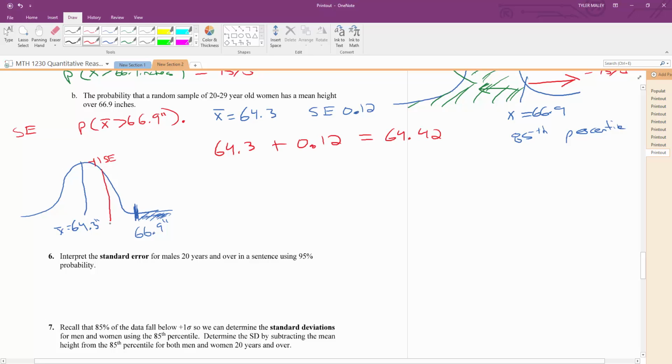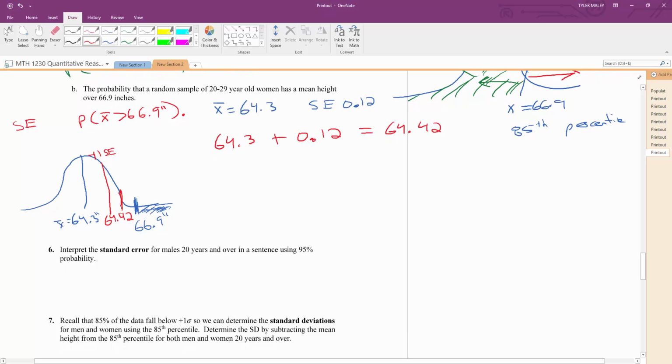So that would be here, 64.42. This is plus 1 standard error away. If we find for plus 2, then I would need to take 64.3 plus 0.12 plus 0.12. So this would be 64.54.